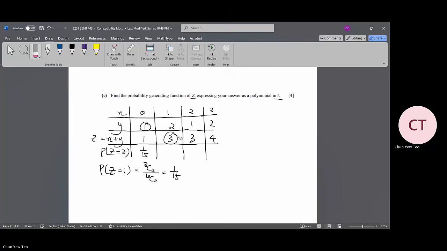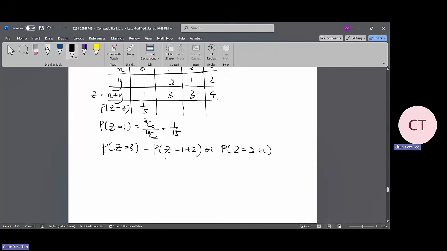So what about BZ equal to 3? BZ equal to 3, it will be 1 plus 2 or 2 plus 1. So what does it mean? The 1 over here means the red is equal to 1.